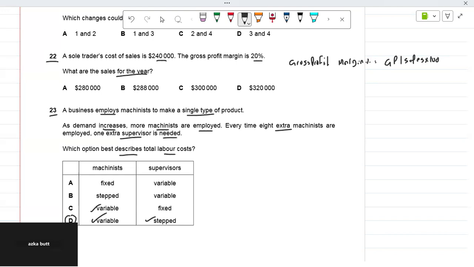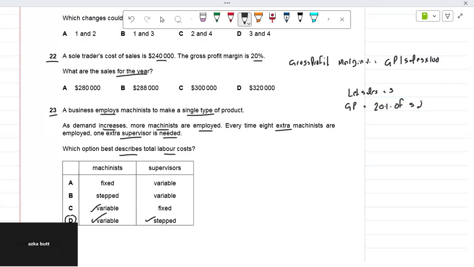Given that the gross profit margin is 20%, this means that gross profit is 20% of sales. So if we want to express the gross profit in terms of sales, let sales be S, and gross profit is 20% of sales.